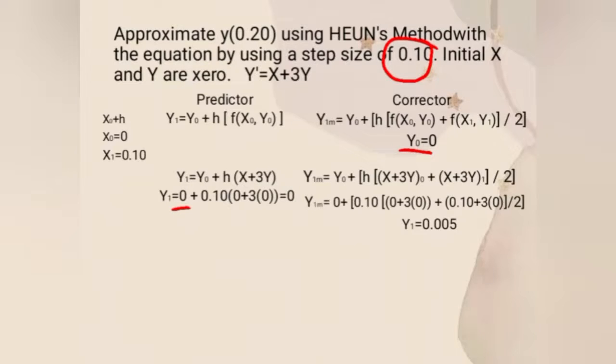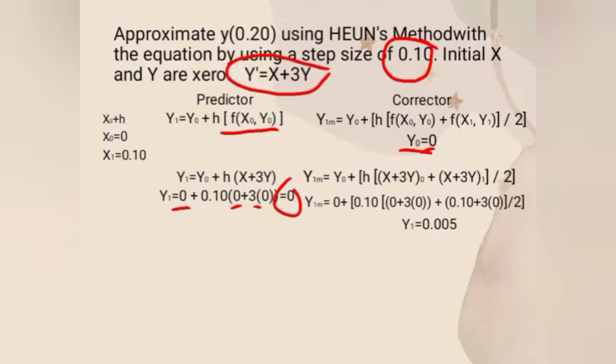Multiply by, again, in the equation, the function of x and y sub 0. But we already know from the given that it is x plus 3y. So we substitute x sub 0, which is 0, plus 3 times y, and the value of y is 0 here, so times 0. So the answer is 0. That is the y sub 1 of the predictor method.